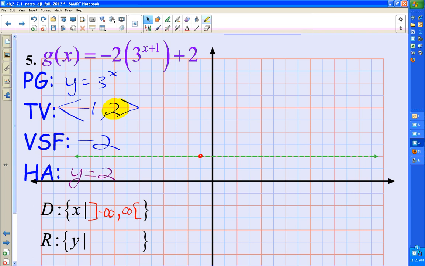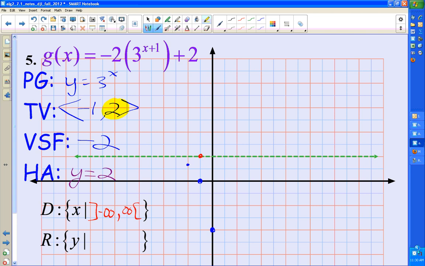So if I throw the graph on here, normally it's right 1, up 3. We're going to go right 1, down 6. Normally from the new origin, it's right 0, up 1. We're going to go right 0, down 2. And normally left 1, up 1 over 3. We're going to go left 1, down 2 over 3.